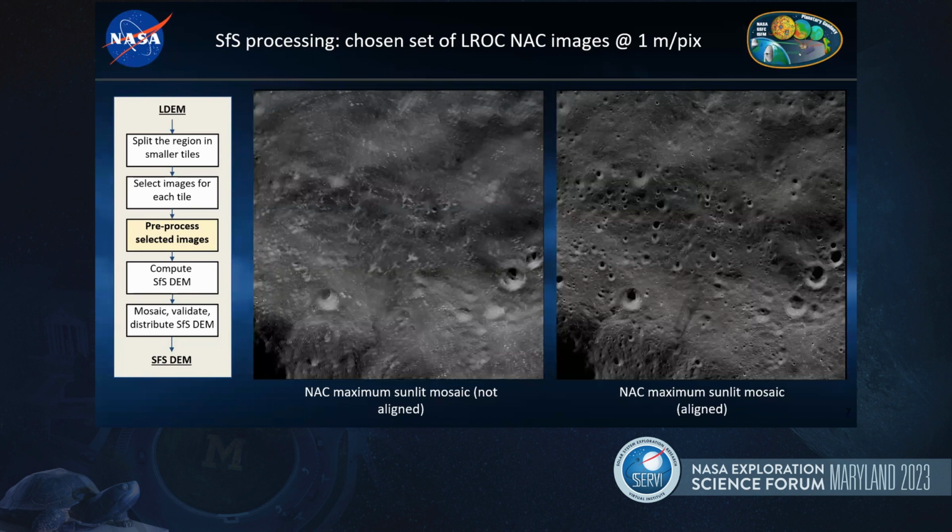And if not corrected, these misalignments would result in critical artifacts and smooth slopes in the final elevation model. So we actually prefer to use the set of images here on the right, which has been corrected for alignment, and where you can see the very high level of detail provided by the NAC images.